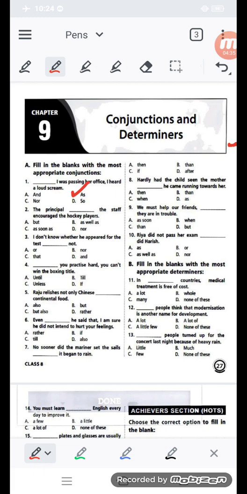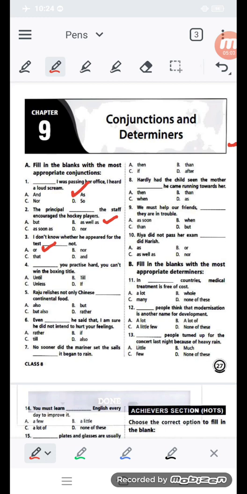Here as well as is the correct option. Next: I don't know whether he appeared for the test dash not. So whether is combined with or. I don't know whether he appeared for the test or not. So it is combined with or.